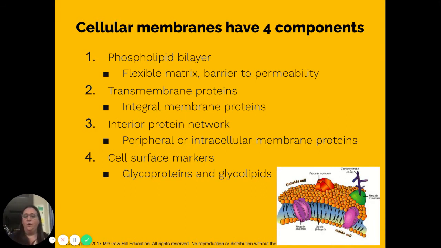And then we also have a whole bunch of cell surface markers, which are going to include things like glycoproteins, glycogen protein, and a glycolipid. And those are going to basically be able to mark your cells as liver cell or this person's cell. This is your cell, and this is part of your body.